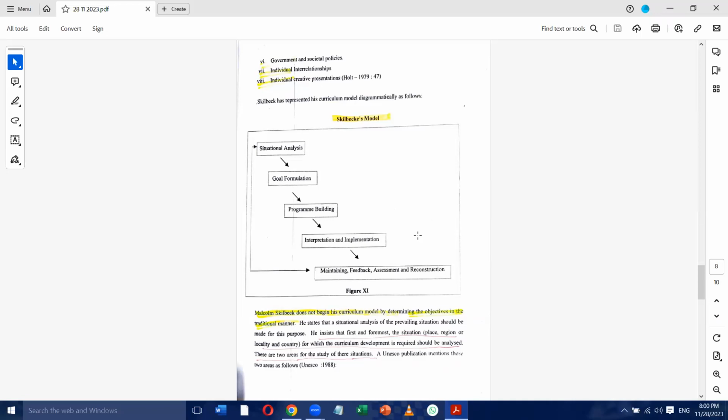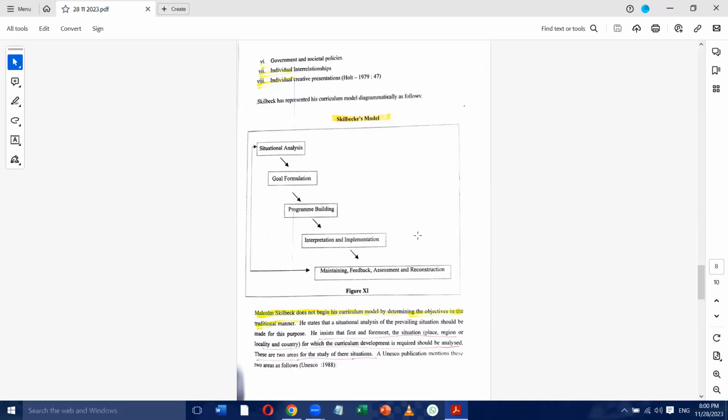In case the teacher has failed or the students have failed to cope up with what is expected there, you have to reconstruct your lesson. You have to reconstruct your goal formation, program building again, and you have to do it repeatedly. So it has a connection with situational analysis and maintaining feedback, assessment, and reconstruction. So that is given there. Right? That is the difference between this and that.